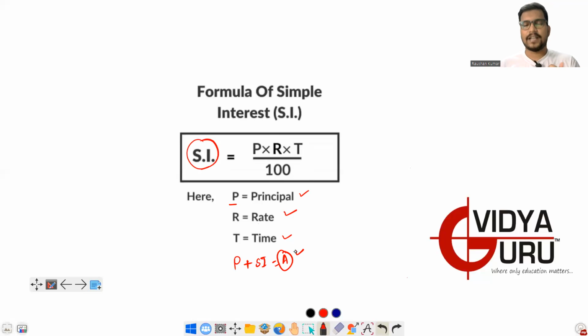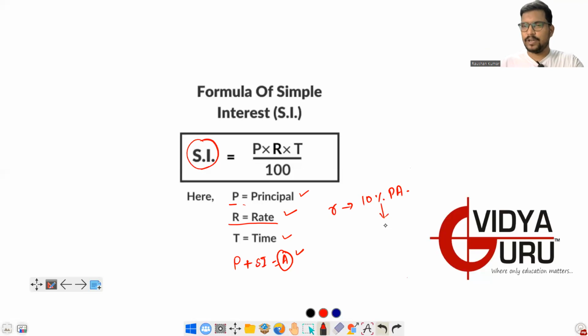The second thing, try to understand the concept and remember it from here. If we calculate the rate, our question will be very easy with the help of percentage. If I write 10% per annum, what does it mean?